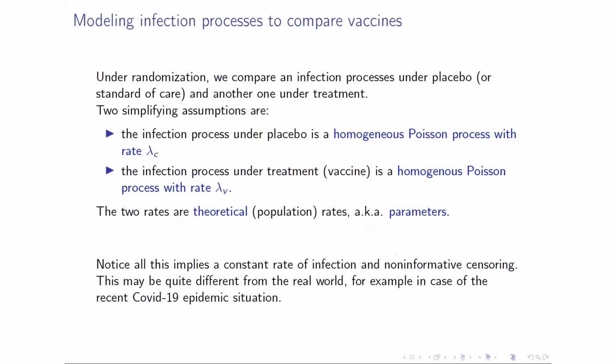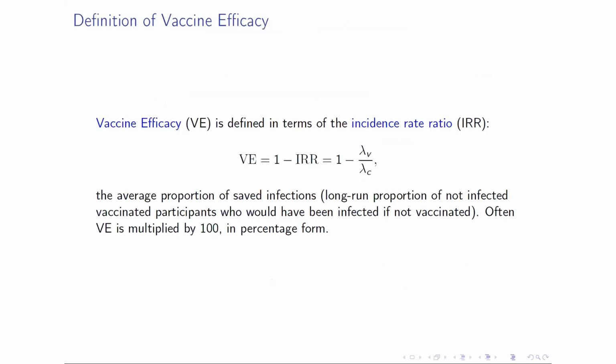All right, so if you take this simplistic point of view, then when you compare a placebo or standard of care versus a treatment, you get two homogeneous Poisson processes with two lambdas. So you compare the two incidence rates. Let's call them lambda now, because I'm talking about the population rates, not the observed estimates of them. These are theoretical parameters. And therefore, finally, vaccine efficacy is defined as a population parameter in terms of the incidence rate ratio.